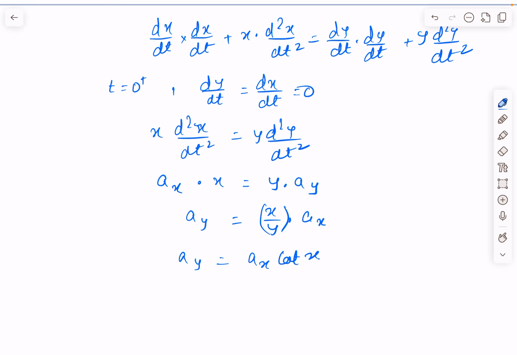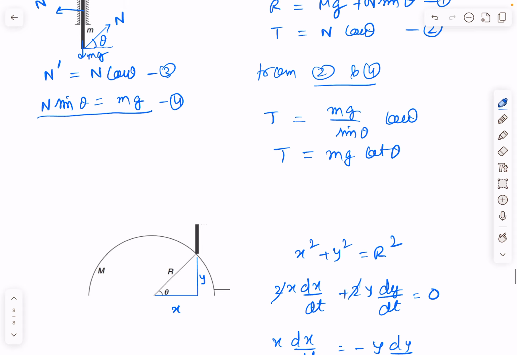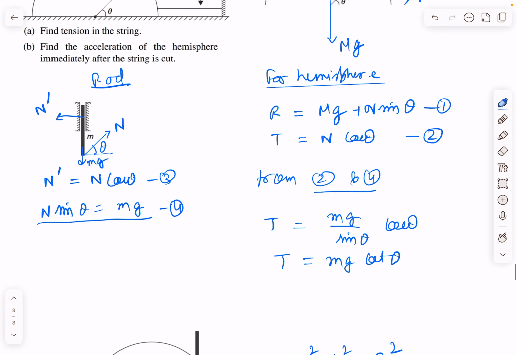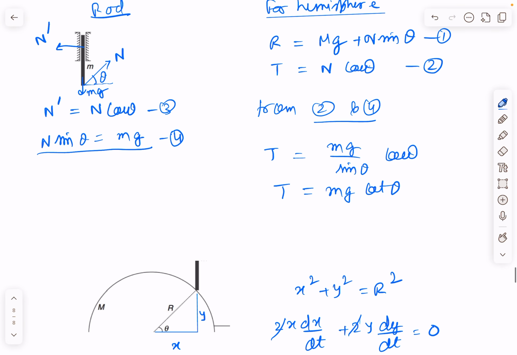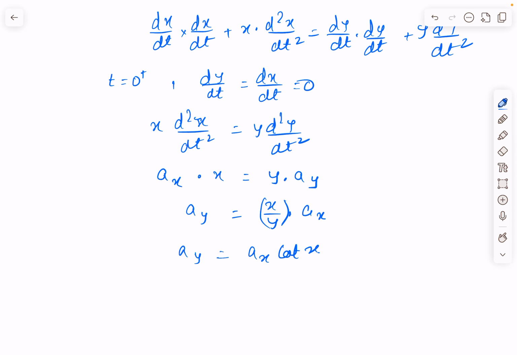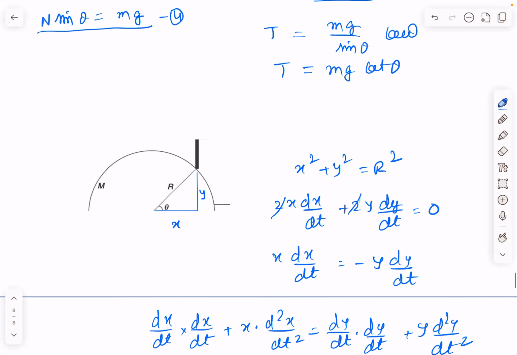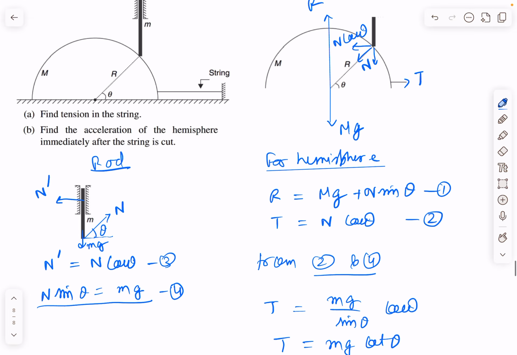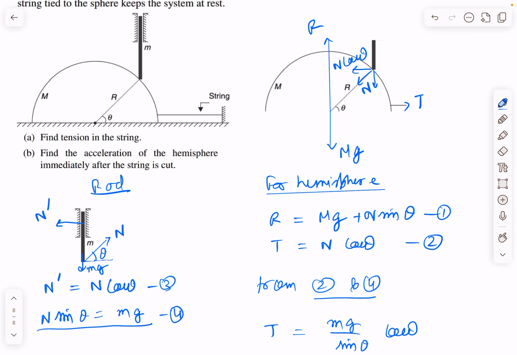Now coming back to the problem, we have to calculate the acceleration of the hemisphere immediately after the string is cut. So again we have to use the free body diagram, and then we have to introduce the acceleration. For the hemisphere, the acceleration towards left is caused by n cos theta.